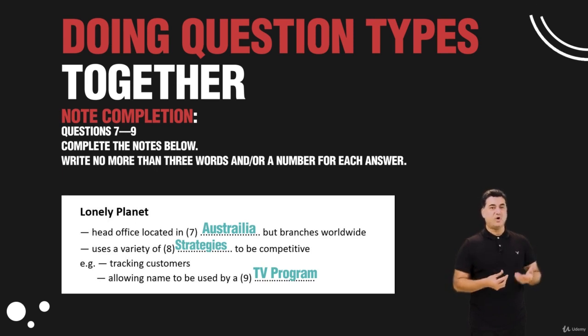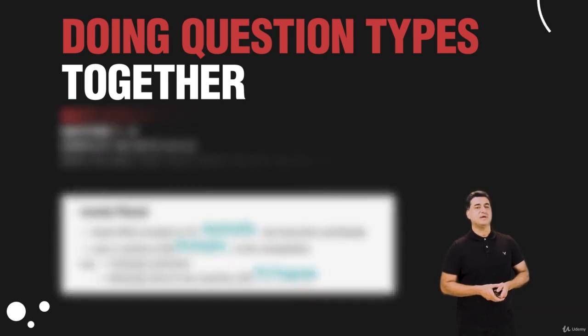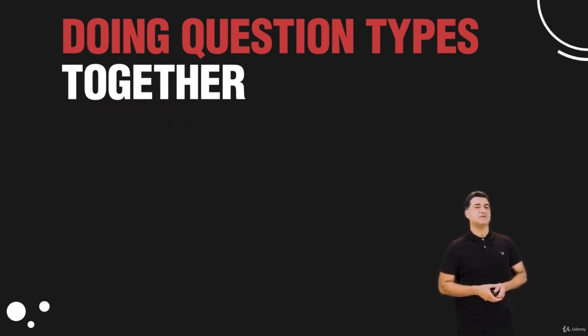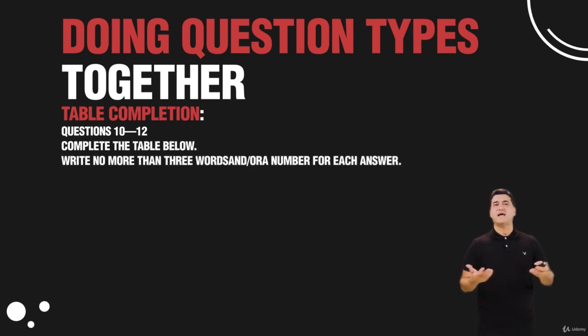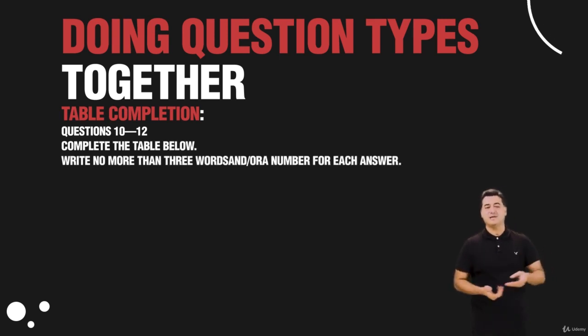Now let's move on to the next question type and see how it goes. And the next question type is table completion. Table completion is a very easy question type because the information is organized in a tabular format in rows and columns. So identifying is very easy.